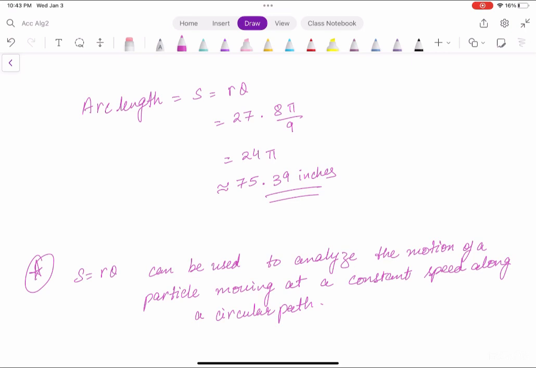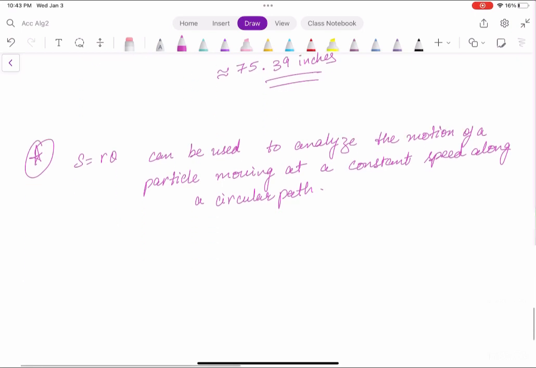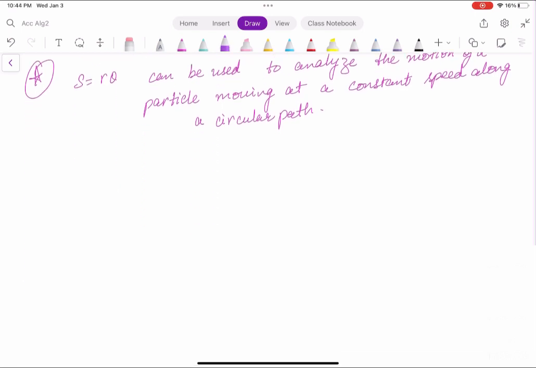Now, with the concept of arc length, there are two things that we need to talk about. We are talking about constant speed, right? Let's talk about linear speed and angular speed.